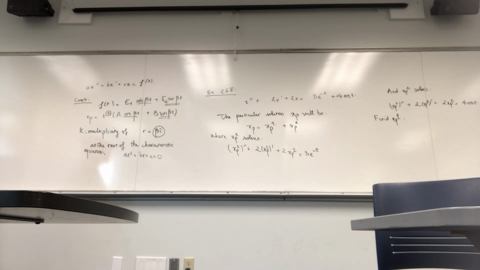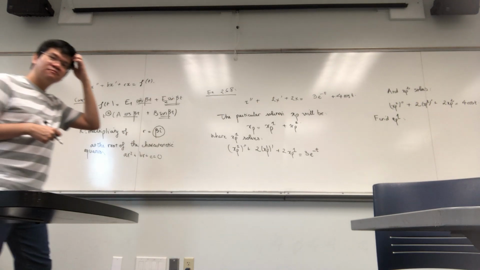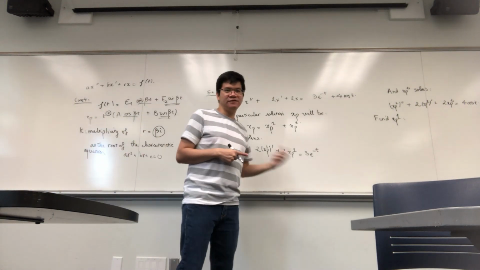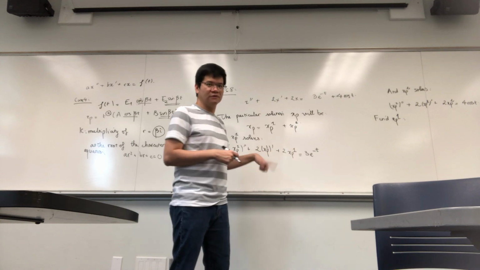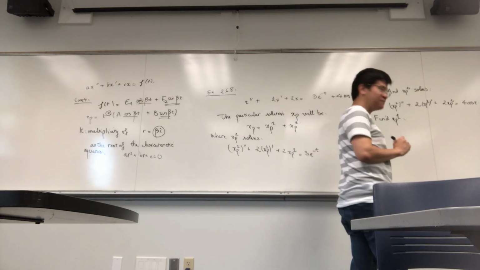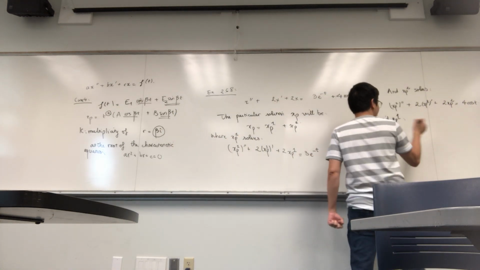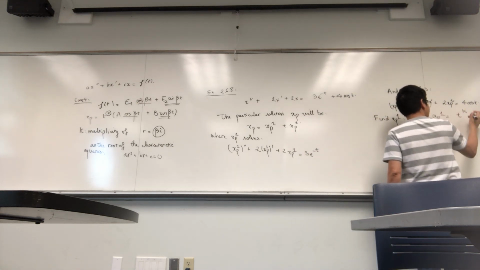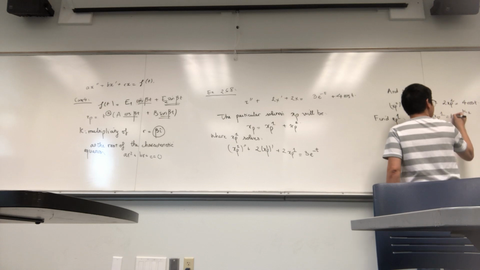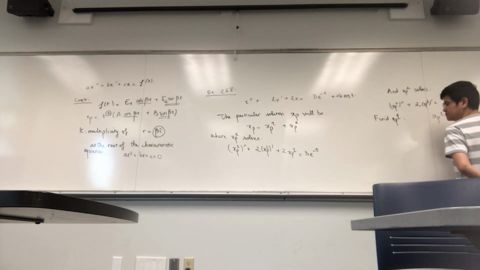It'll be t to the k times a constant a times e to the negative t. Well, what is the k in this case? k is the multiplicity of -1 as a root. So xp1 will be t to the k1, a times e to the power minus t.